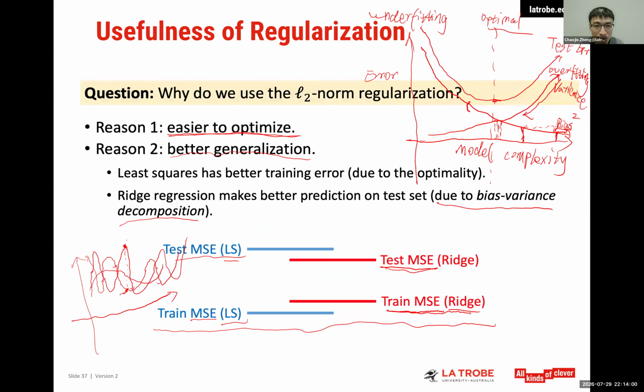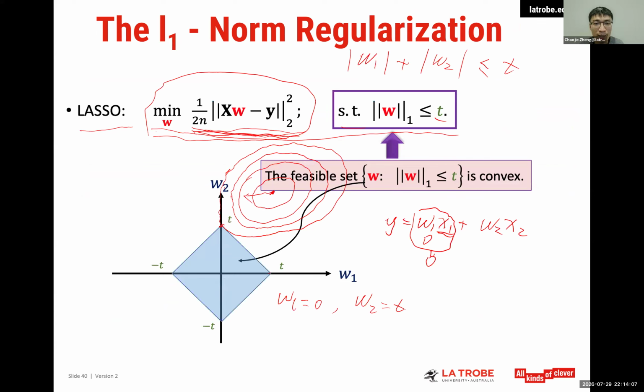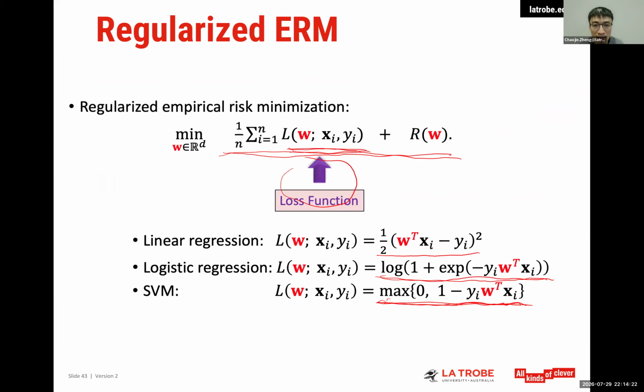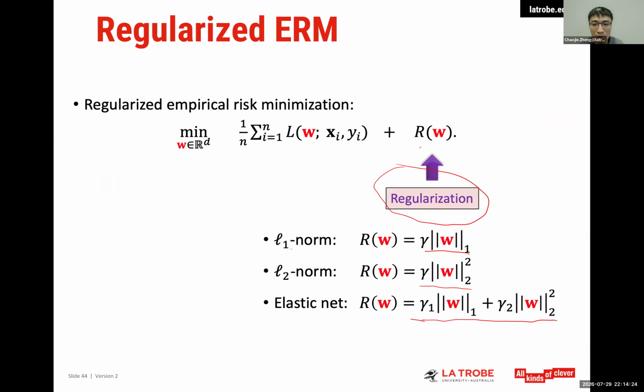But for L1 norm or Lasso regression, it can optimize certain weight values to be exactly 0, so that it can do the feature selection. So the elastic net that is using both regularization terms has the advantage of both methods.